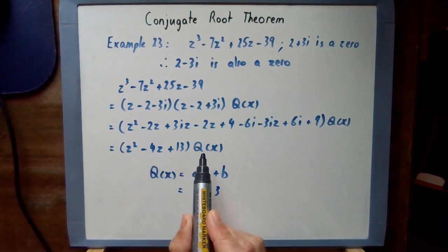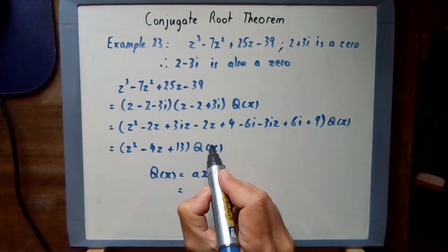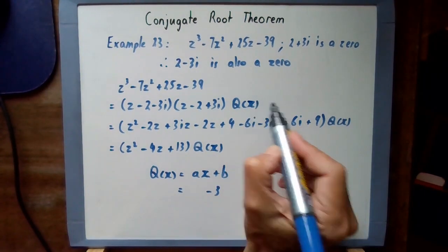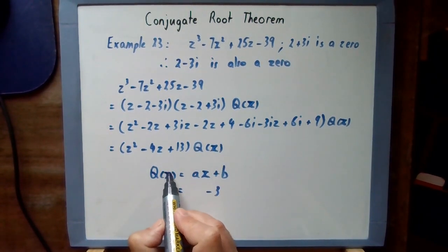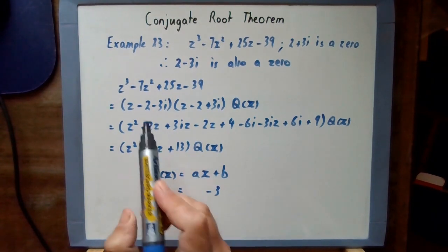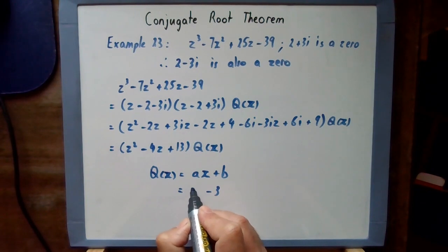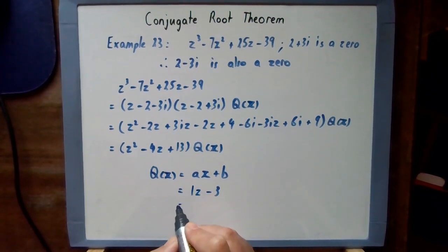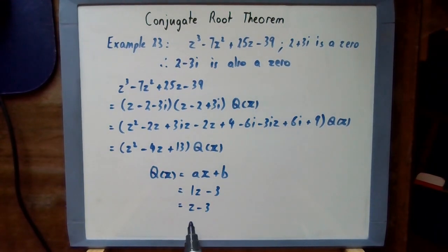And z squared times az, sorry, these should all be z's. Z squared times az is going to give me z cubed, so a must be equal to 1. So I get z minus 3 as my other factor.